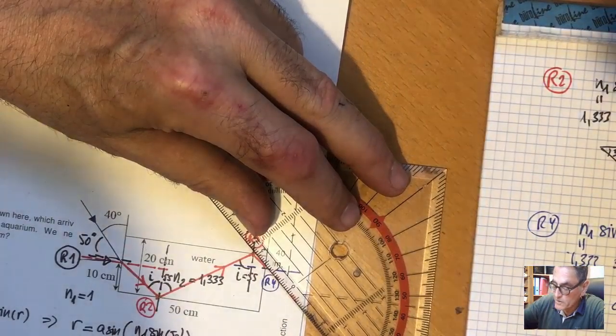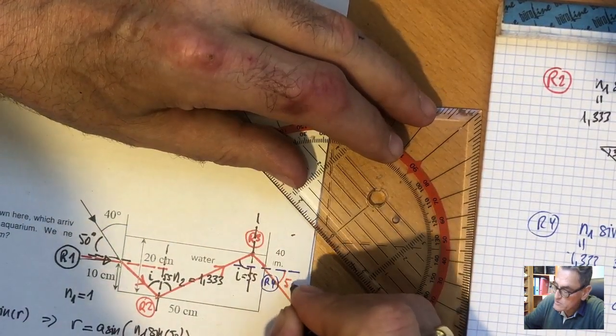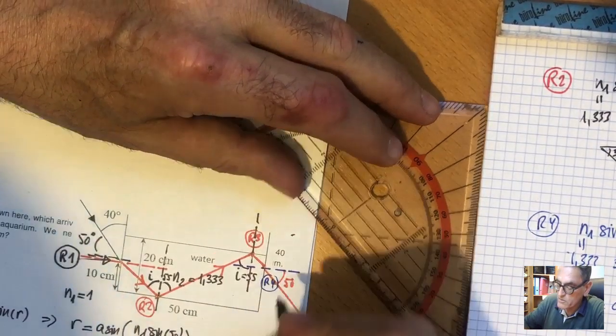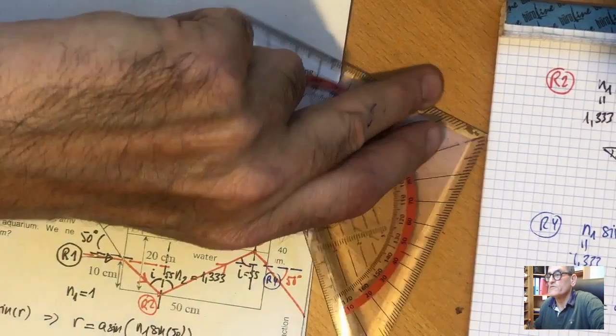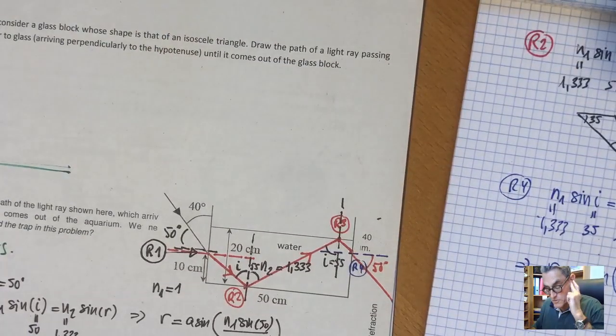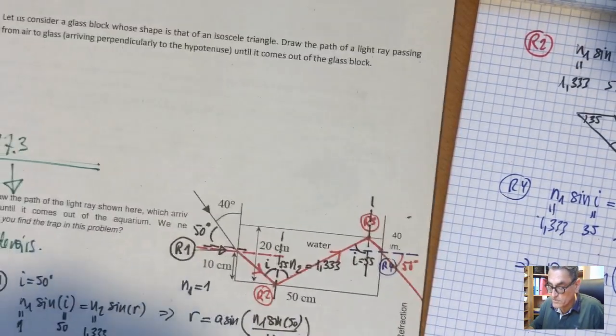It's going to be something like this. And here we are going to have our angle of 50 degrees. Sorry, the drawing is a bit small. For other classes I redid it on a separate page.